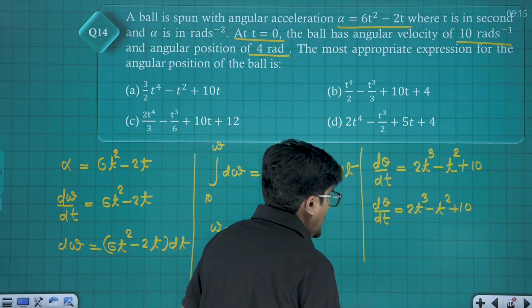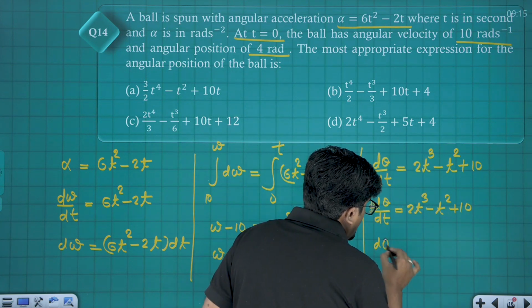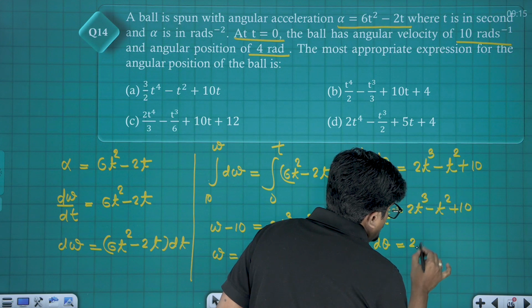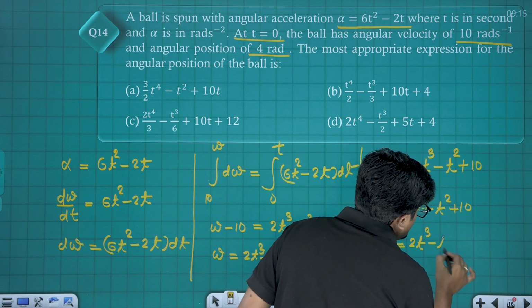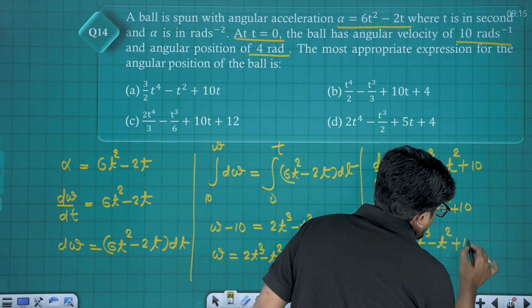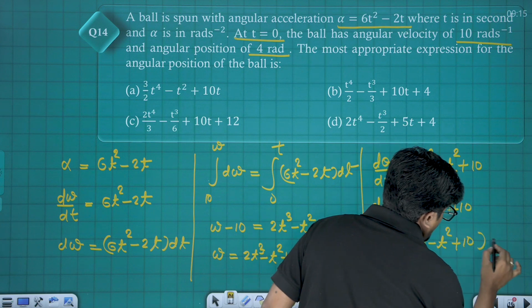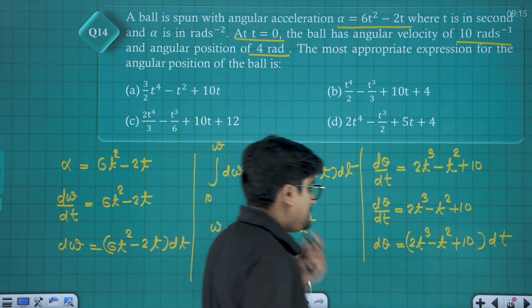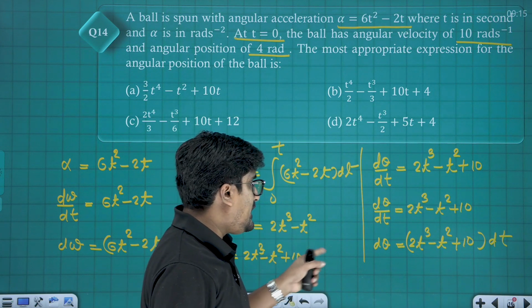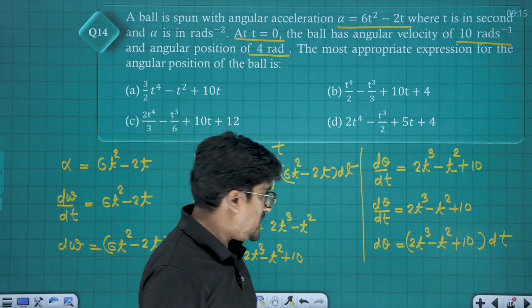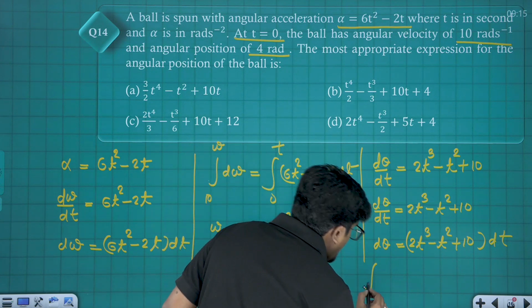Let me take dt towards the right. So that is going to be d theta equals 2 times t cube minus t square plus 10 into dt. If I integrate this again between the limit 0 to t, here the initial displacement is what?